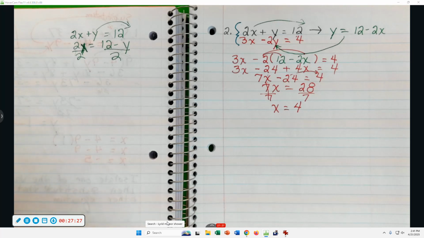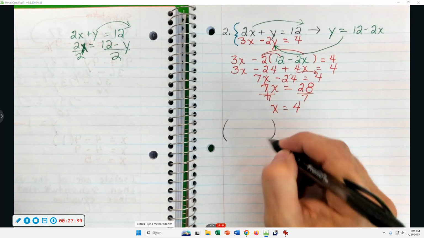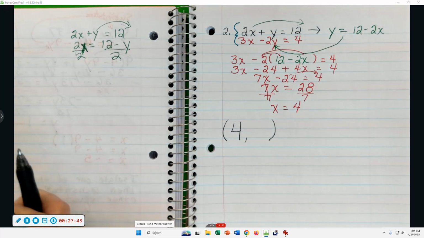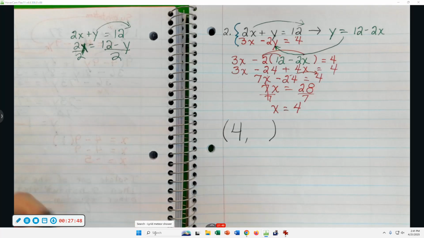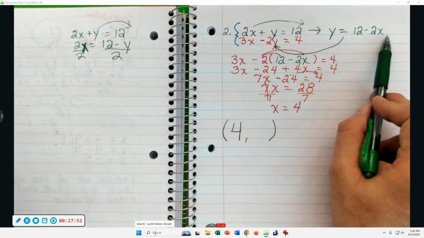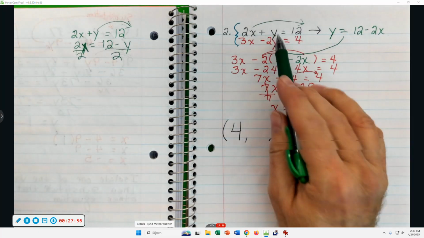That means that these lines are going to intersect at a point where the x coordinate is 4. Go ahead and write the order, half of the ordered pair right there. The x coordinate is 4. That's going to be our answer. How do we find the y coordinate? Well, actually you have 3 different equations you could use here. You could plug it in here, a 4, and figure out y.